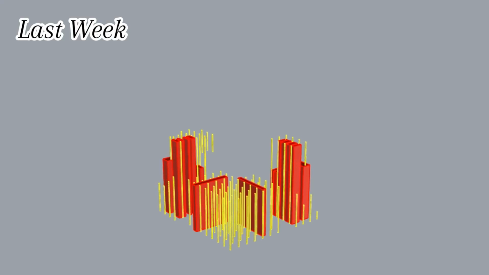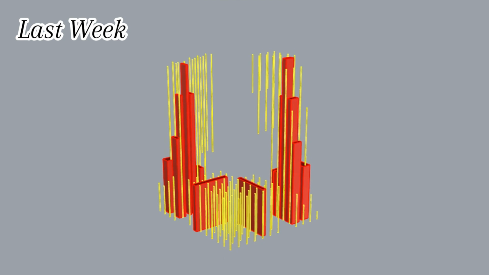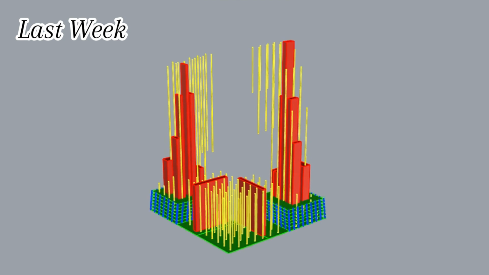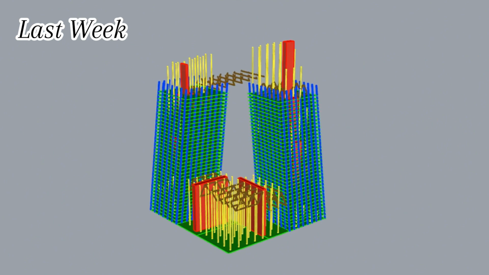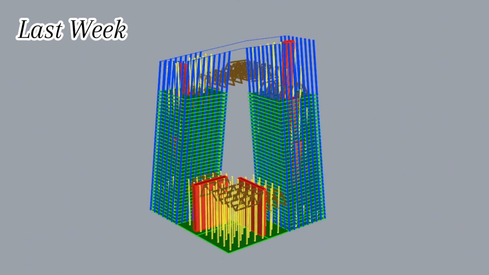Last week, we presented the elements that make up the tower part of CCTV headquarters. First, we showed modeling of the core, column, and truss that mainly support the loads rising vertically.